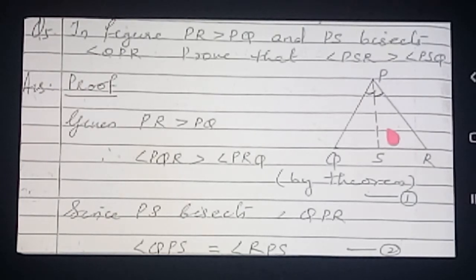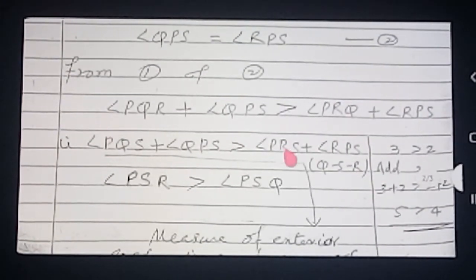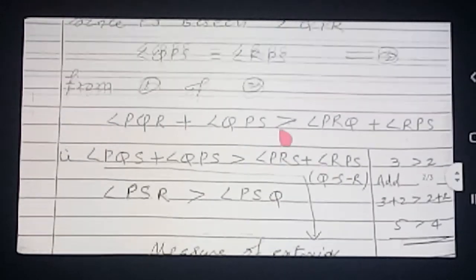The measure of the exterior angle is equal to the sum of the interior opposite angles. Therefore angle PSQ is equal to angle PRS plus angle RPS. That is why I wrote PSQ directly instead of PRS plus RPS. So you got the answer: angle PSR is greater than angle PSQ. That is what you wanted to prove in the question.